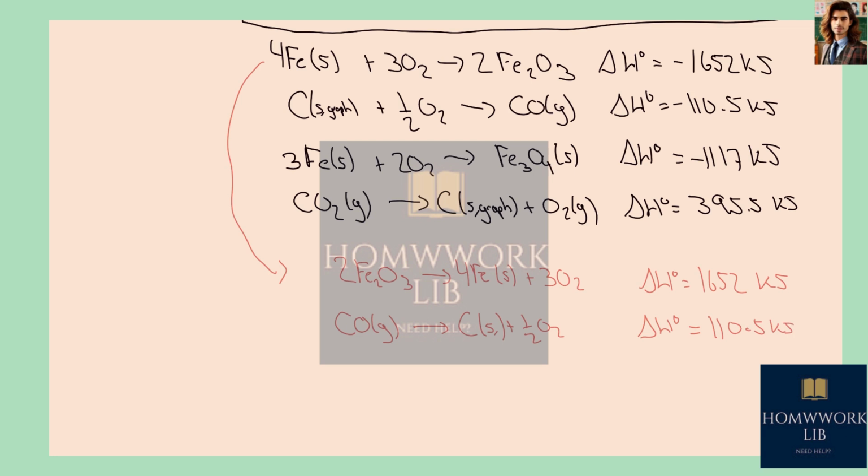And CO2 is going to be a product, so carbon solid plus O2 is going to generate CO2 as a gas, and the delta H of this reaction would be minus 395.5 kilojoules. A little bit of a hint, this reaction corresponds to the standard enthalpy of formation of carbon dioxide. So this would be the answer for part B, directly.